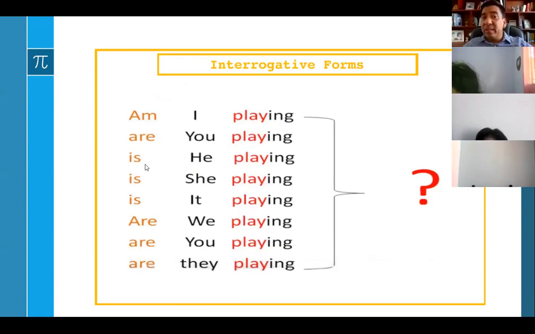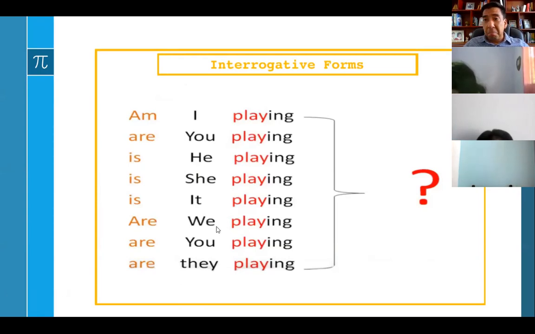Is he playing? Yes, he is. No, he's not. Is she playing? Yes, she is. No, she's not. Is it playing? Yes, it is. No, it is not. Or you can also use a contraction. No, it isn't. No, she isn't. Are we playing?